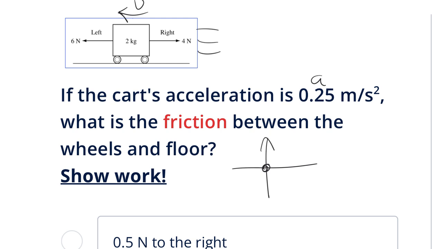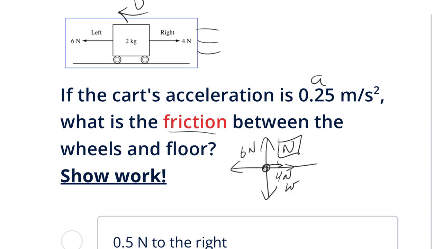Okay, you got your normal force. I don't really care about that because it's going to balance out with the weight. You got 6 newtons that way. You got 4 newtons that way. And so, what is the friction? Well, if it's moving to the left, the friction has to be to the right.